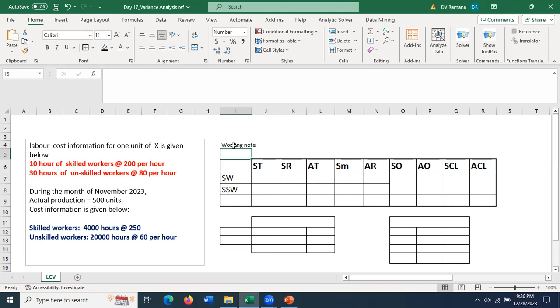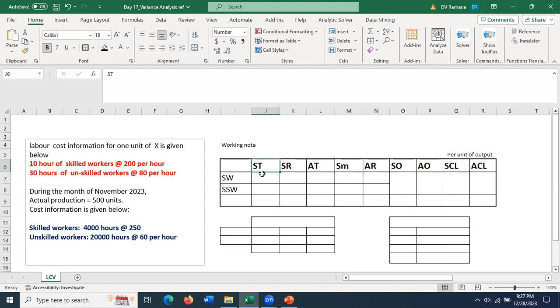So the relevant variables required to calculate the variances are the standard time, standard rate, actual time, standard mix, actual rate, standard output, actual output, standard cost of labor per unit of output, and actual cost of labor per unit of output. So let me also put this as a per unit of output. Both are per unit of output, whereas this rate is a rate of labor per hour.